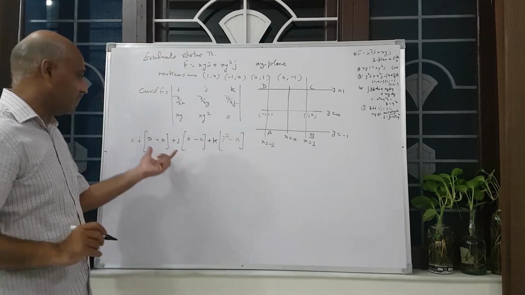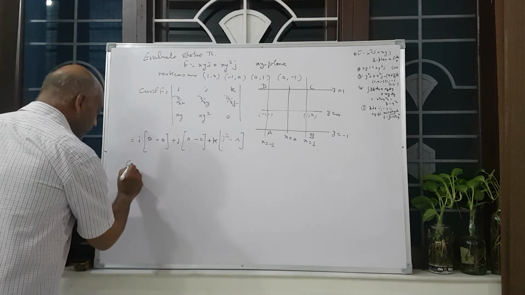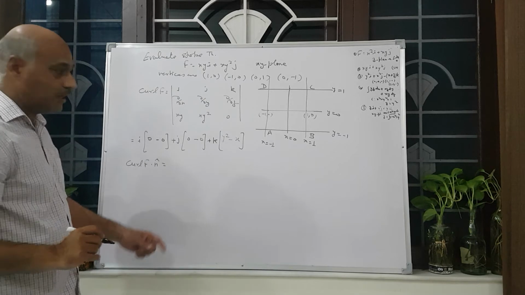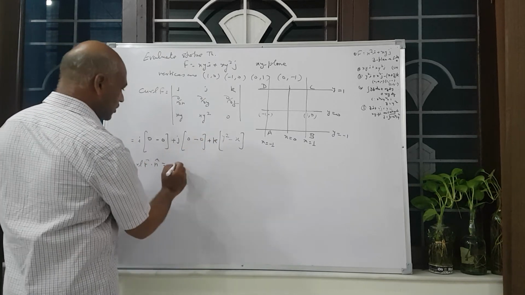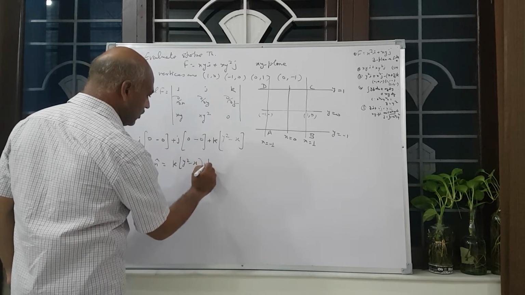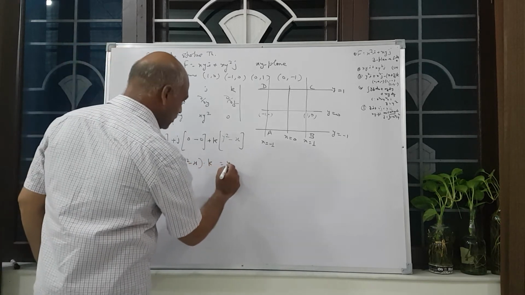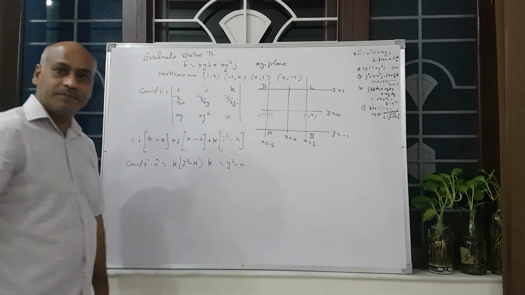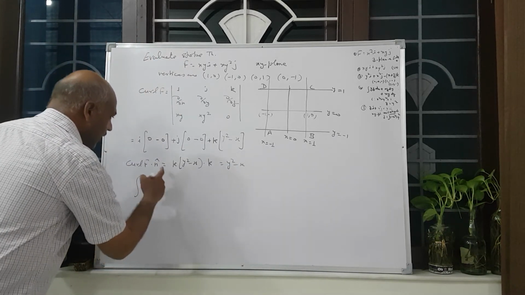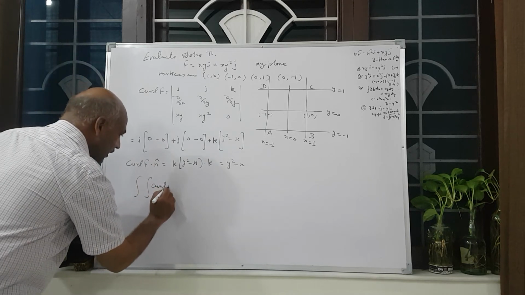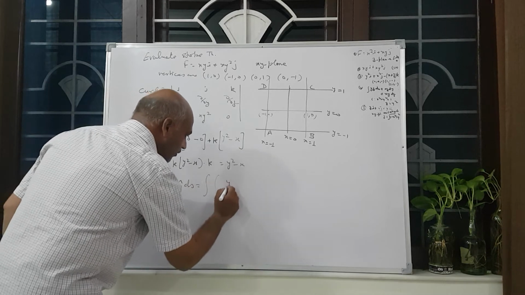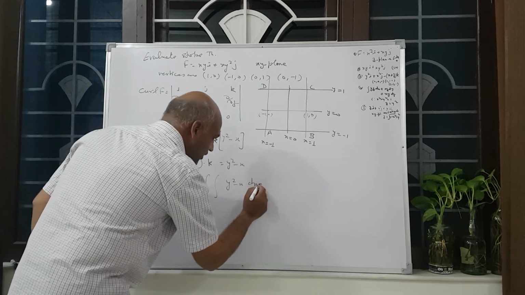So this is curl. Now curl F dot n cap means this 0, so this is k, y square minus x, dot k. So k dot k is 1, so this is y square minus x. Now the integral of curl F dot n cap ds means the double integral of y square minus x dx dy.